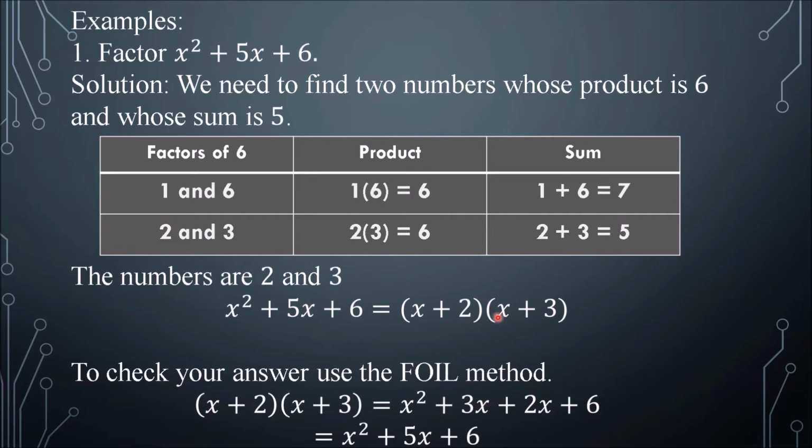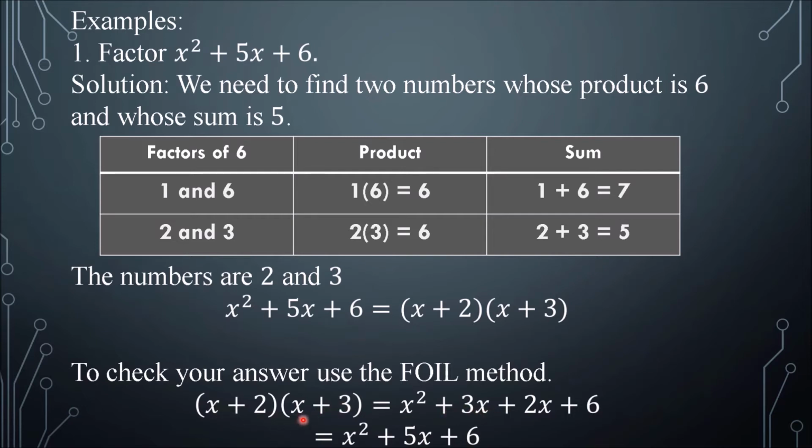So meaning to say, when we multiply 2 and 3, we have 6. And then when we add 2 and 3, we have the 5, the middle term. Now to check the answer, we use the FOIL method. So x plus 2 times x plus 3, using the FOIL method, we have x squared, that's the first, x times x. And then outer, x times 3, 3x.